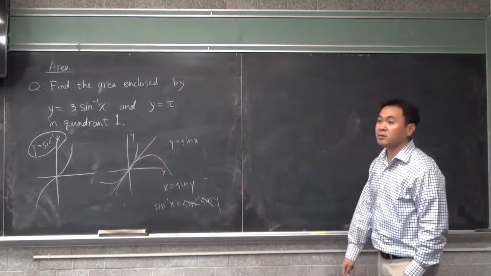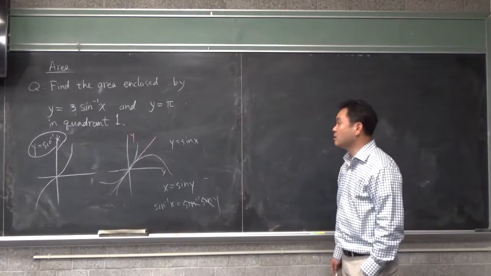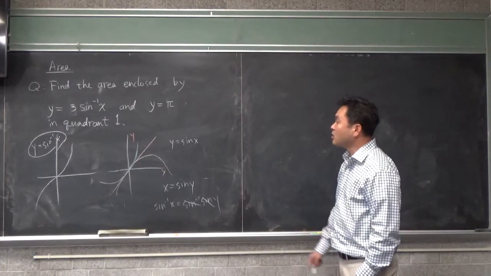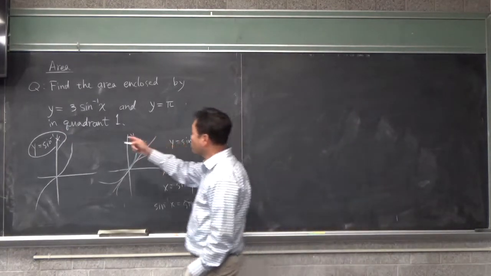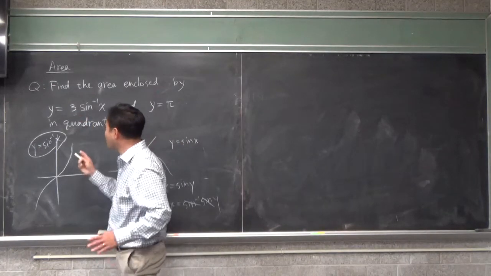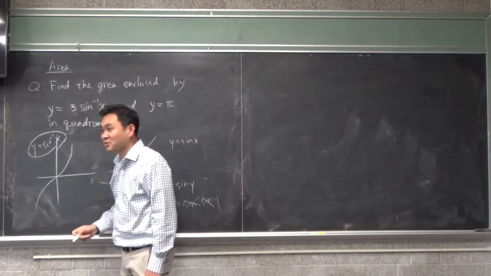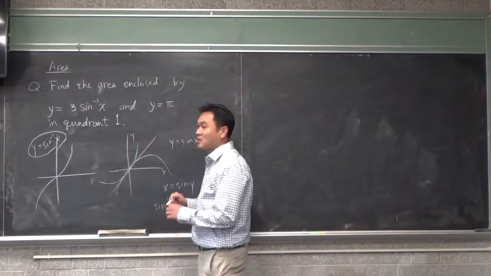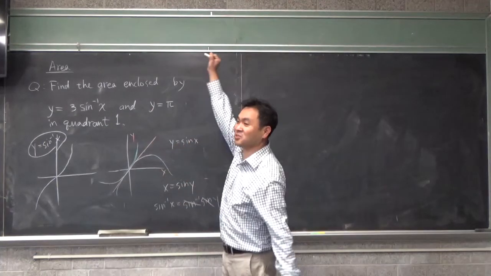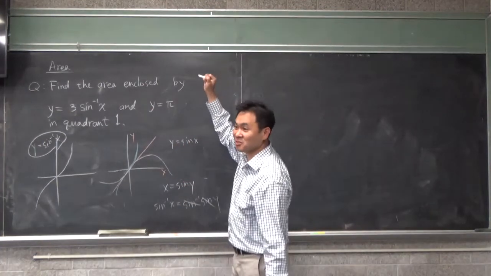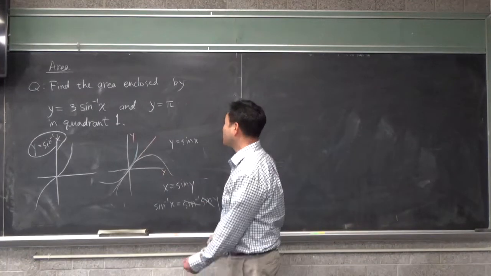Yes? So does that mean that 3 doesn't matter, besides the graph? Okay, so the question was, does this 3 not matter? It does matter. Now, what does this 3 do? It stretches. It stretches 3 times in the y direction. So, good question.